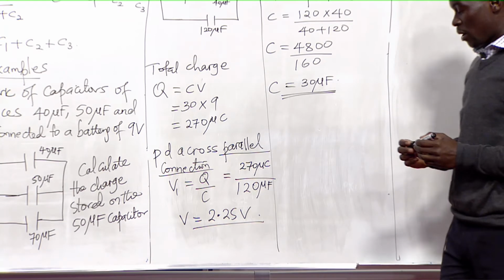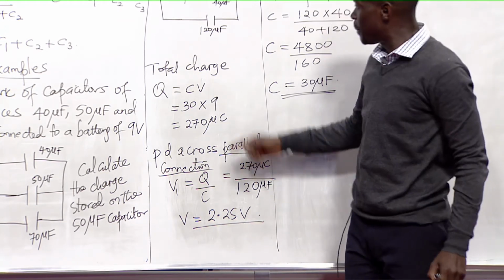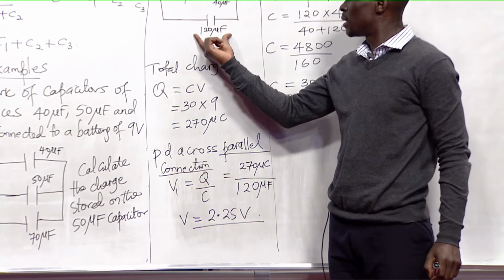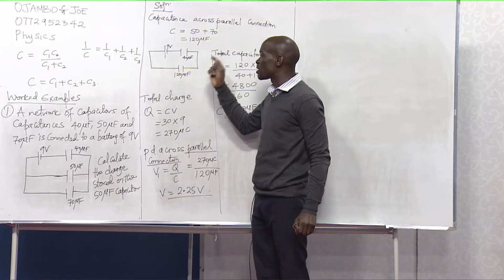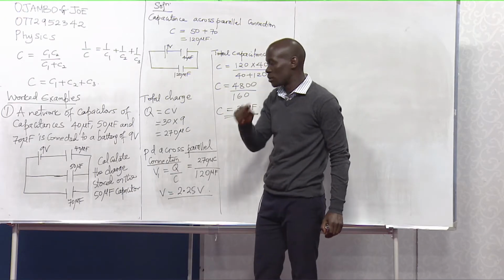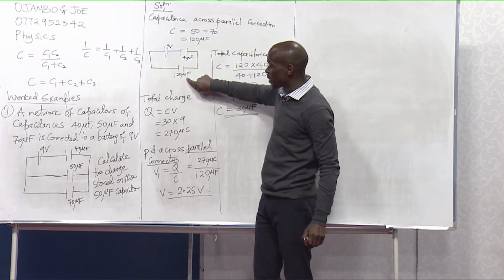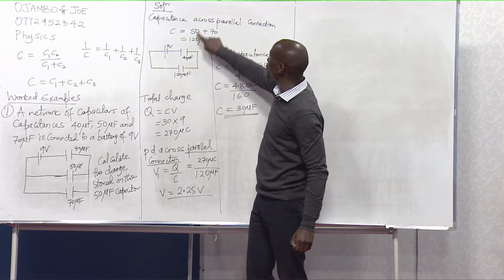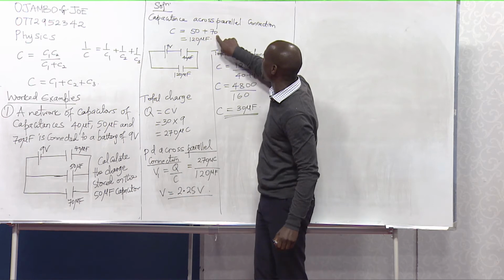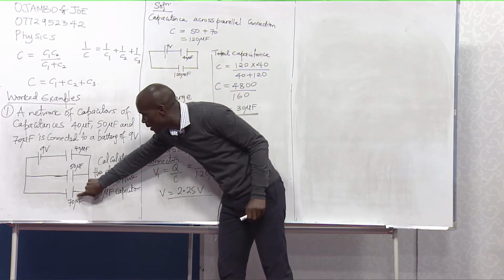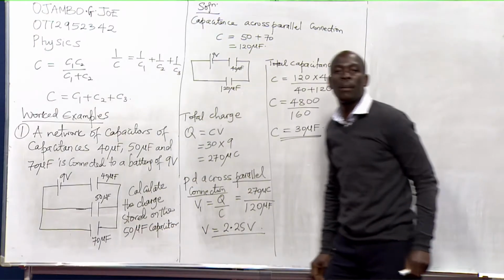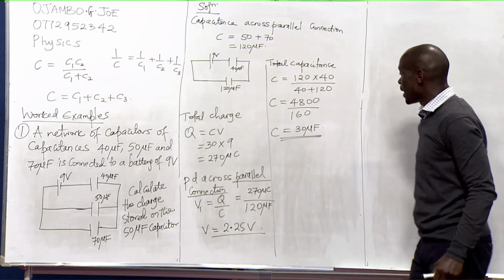Now this PD is the PD across the 120, but the PD across the 120 is therefore the PD across the parallel network. Why do we say so? The 120 microfarad capacitor is a result of these two, the 50 and 70, which were originally in parallel with each other, if you remember very well, my candidates. So what does that mean?